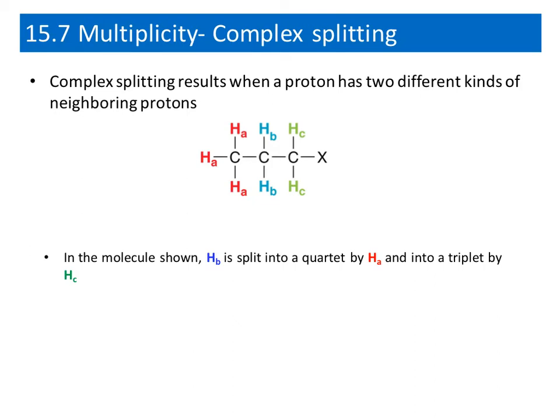Now let's look at the multiplicity of Hc here. This hydrogen, Hc, is connected to this carbon, and on a neighboring carbon we have 2 protons. They have the same environment, they are the same. So 2 plus 1 gives us a triplet for Hc.